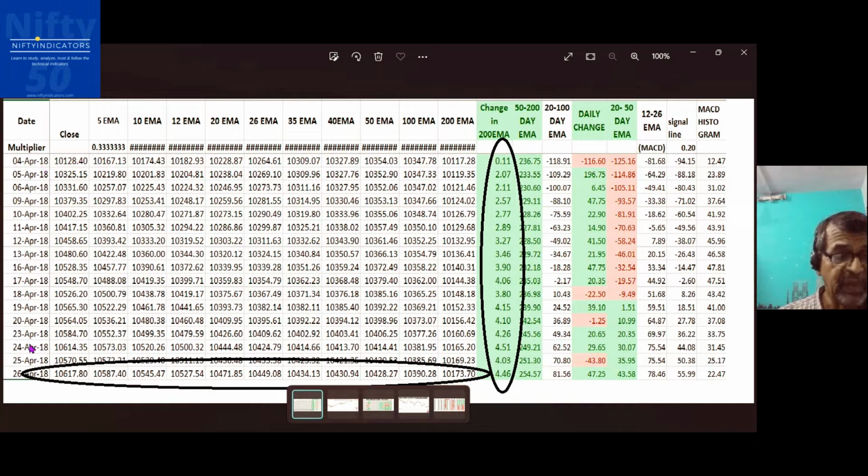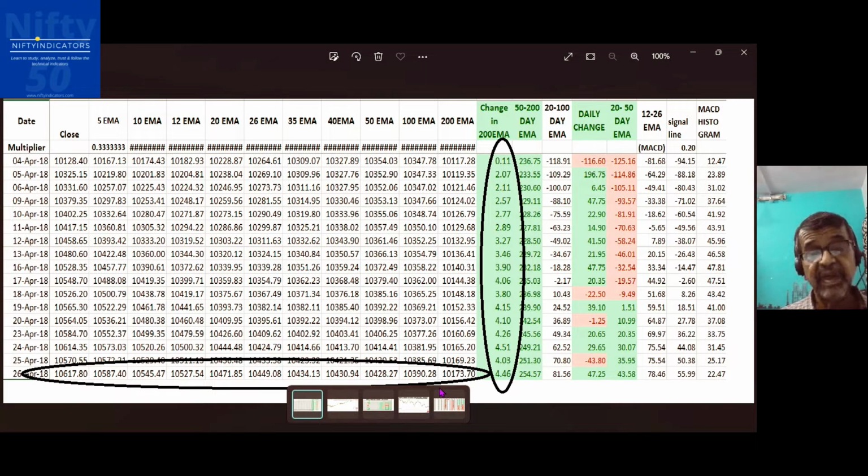It has gone up by about 500 points, and see how it is pointing out in so many different ways that it is going up. On 4th April 2018, the change in 200 EMA was 0.11. That keeps on increasing: 0.11, 2.07, 2.11, 2.57. It has gone up till 4.46. That itself tells us that the market is going up.